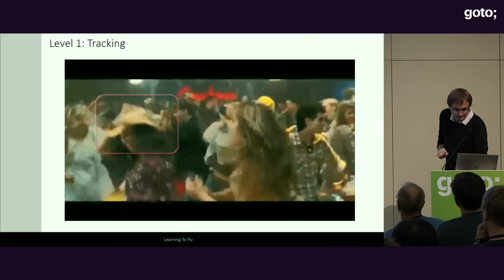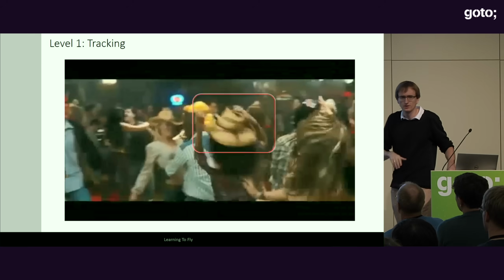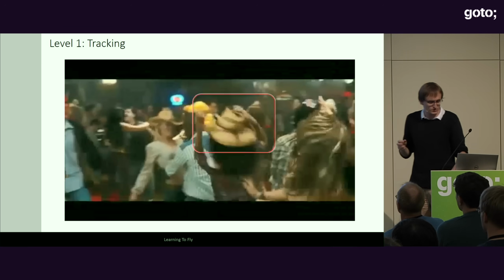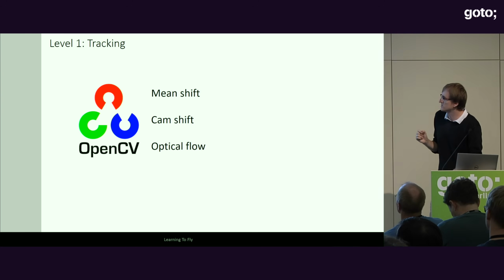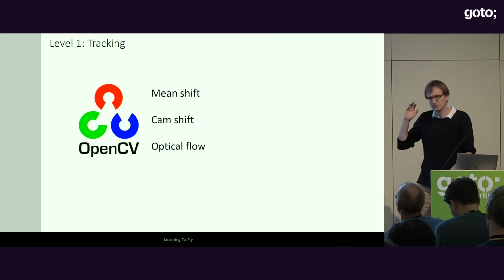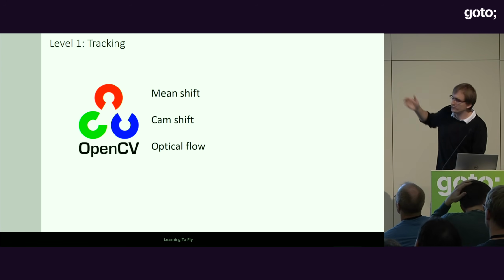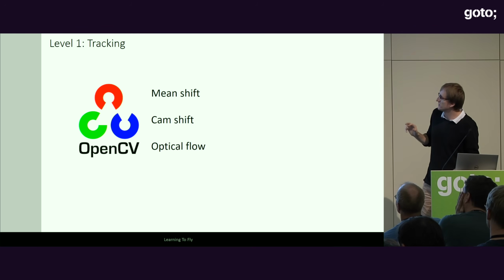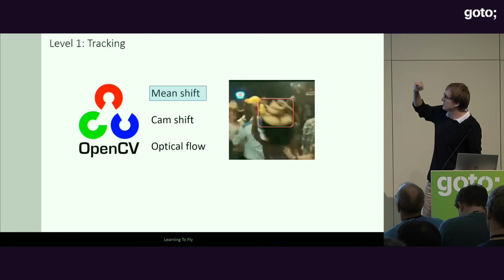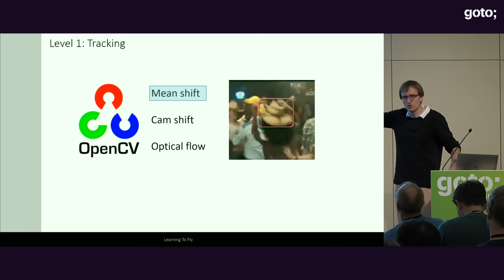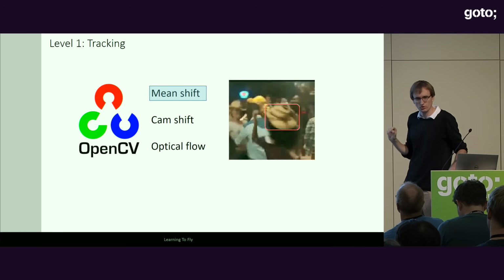All of these approaches can easily be implemented on the machine, and the good news is that you don't need to do it on your own because you have frameworks. For example, the OpenCV library, which is a C++ library, but with wrappers in Python and Java, so you can nicely use it. And out of quite a lot of algorithms, we tried three of them. In MeanShift, you just specify a region, and then you shift and scale this region so that the distribution of colors stays the same.